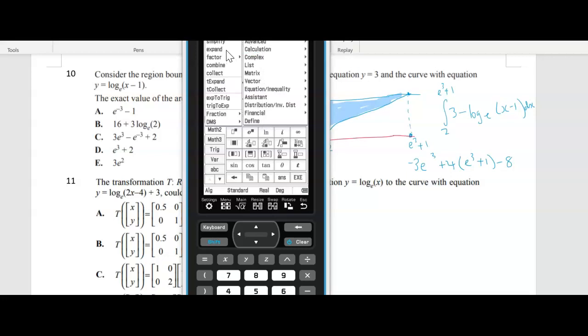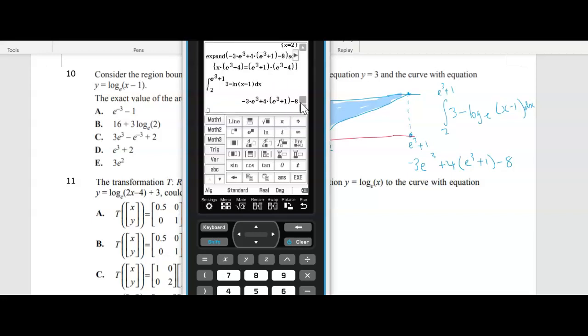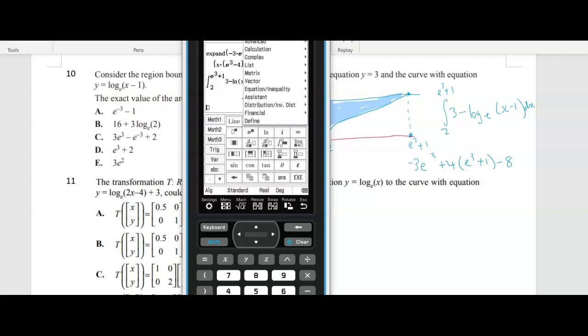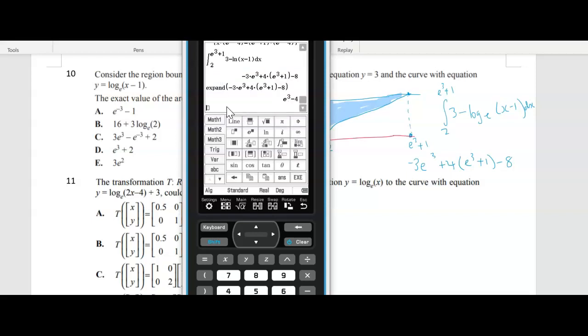Sorry, expand. Did it expand it? I don't know whether it expanded it. There we go, e cubed minus 4.